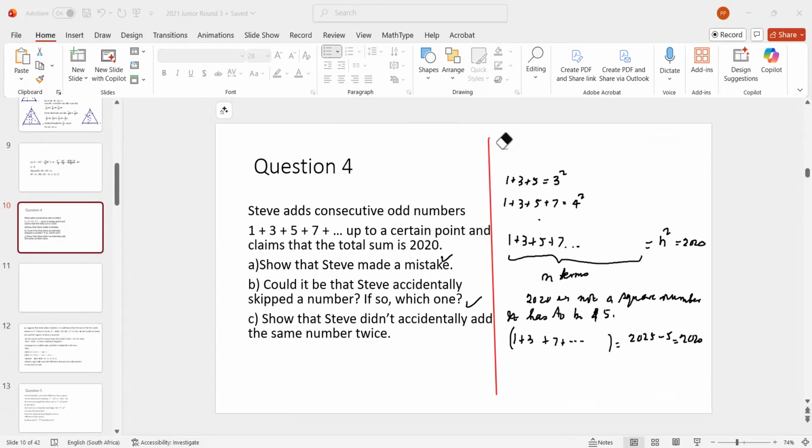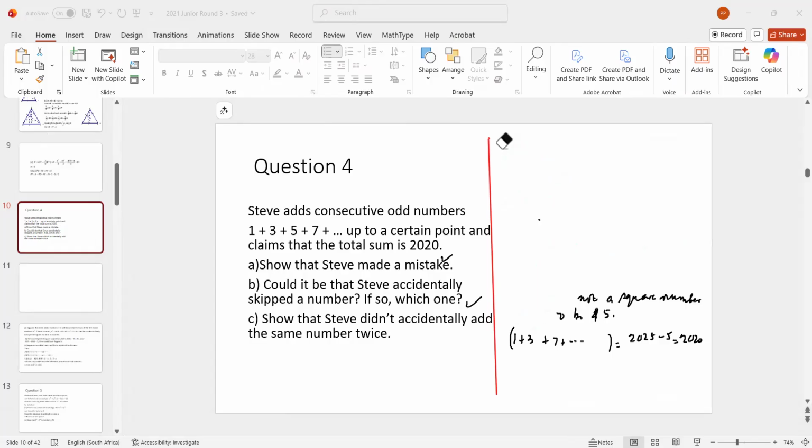But now the question is, what was the error that he made? Why did he get the wrong answer? Maybe he repeated some number. And the question says, show that he didn't accidentally repeat a number.